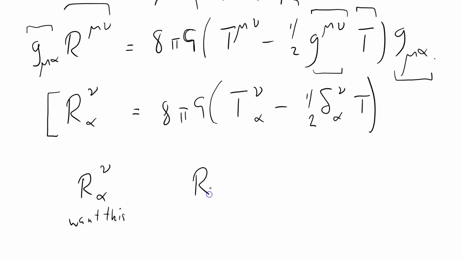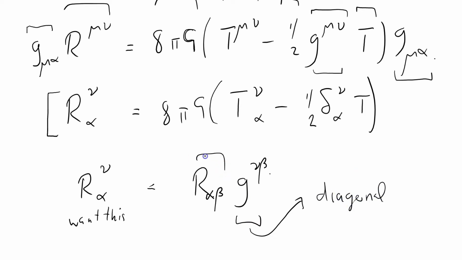But we've got the Ricci tensor with two downstairs indices. So I need to multiply by, we want an alpha and a nu. We're going to contract with a beta. There we go. However, because the metric tensor here is diagonal, and this one here is diagonal, the only term that we need to worry about is when alpha equals nu equals beta, I guess.